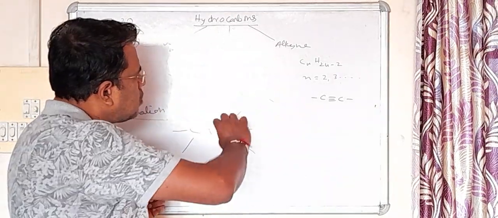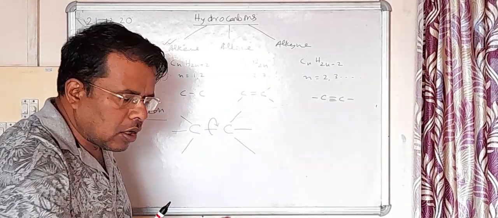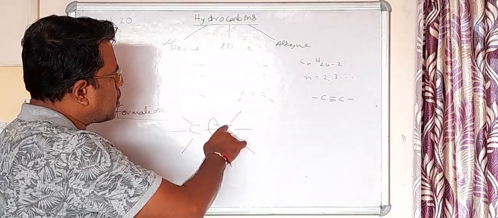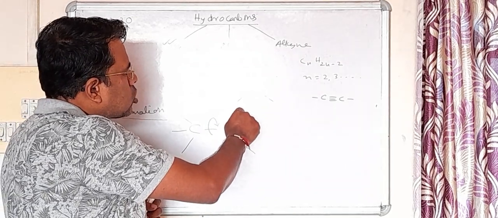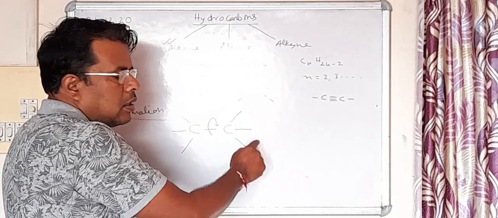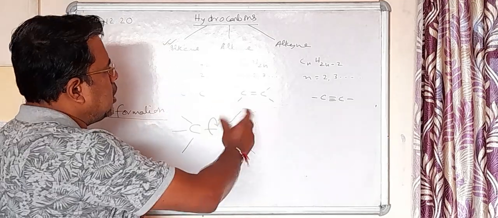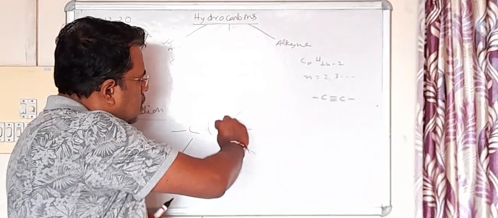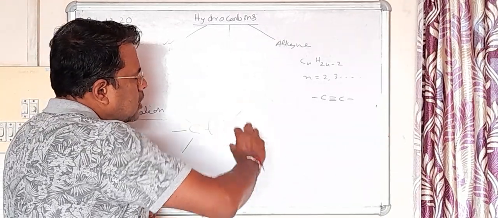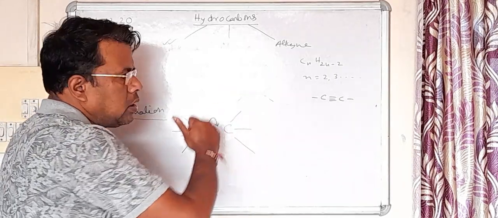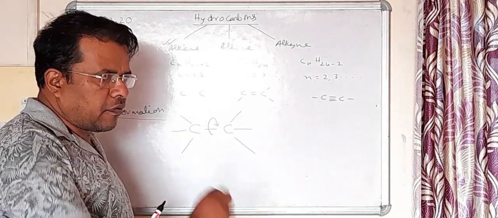So free rotation means this carbon atom will automatically rotate, and since this carbon atom rotates, the position of the atom or group which is present here will also change when this sigma bond is rotating. So the position of these atoms in space will keep on changing at every point of time due to carbon-carbon free rotation.